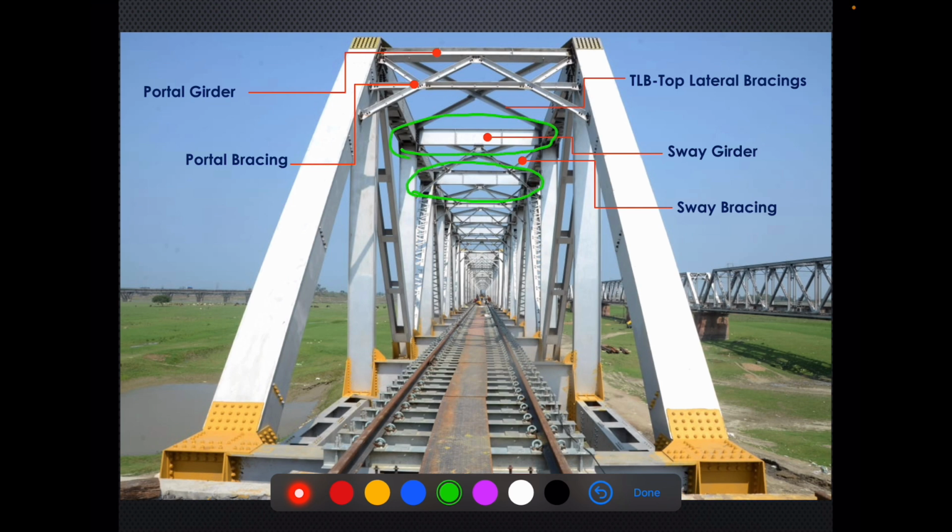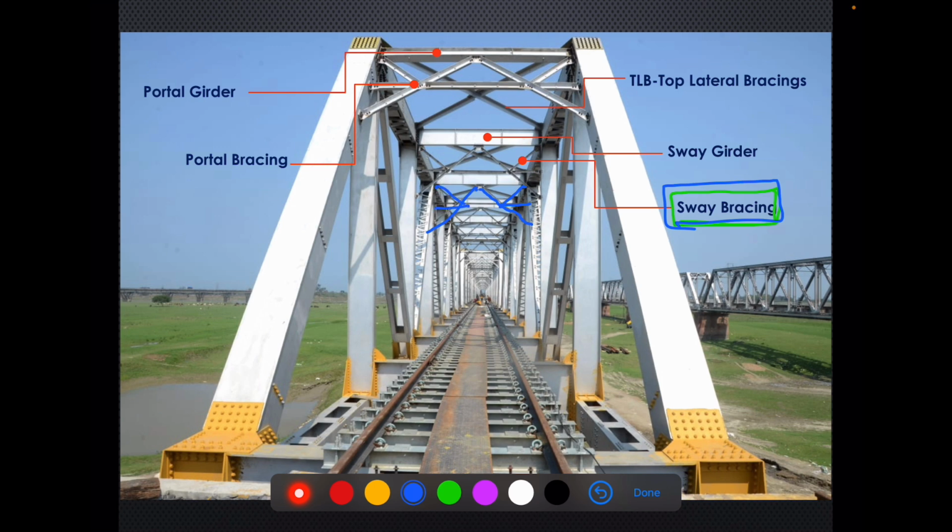These are called sway girders. Then below these sway girders, we have sway bracings. If I can mark it, sway bracing is something like this, this, and this. This is sway bracing.